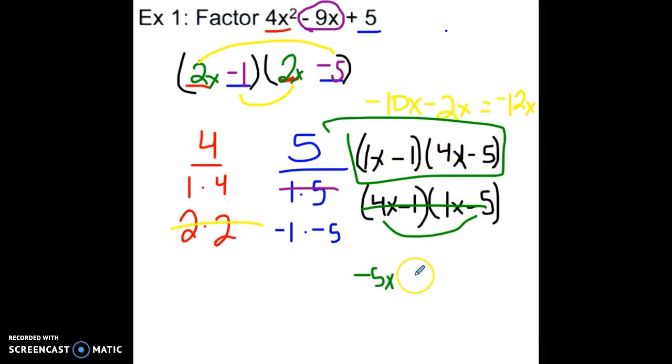Negative 1 times 4x is negative 4x. So negative 5x and negative 4x is the negative 9x. So we have factored 4x squared minus 9x plus 5. It's going to give us x minus 1 times 4x minus 5.